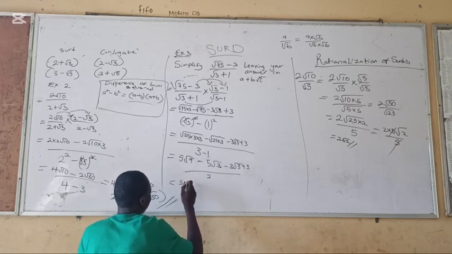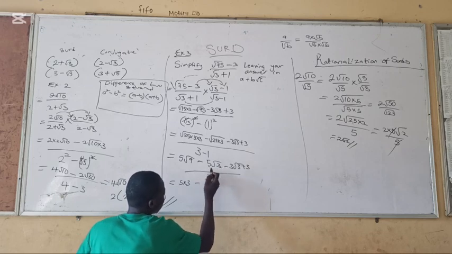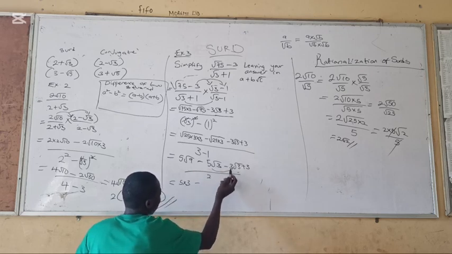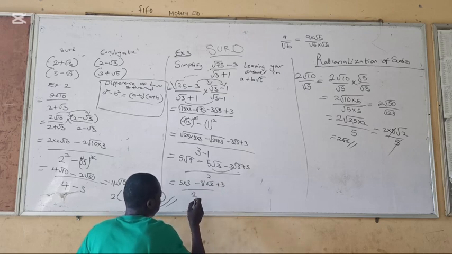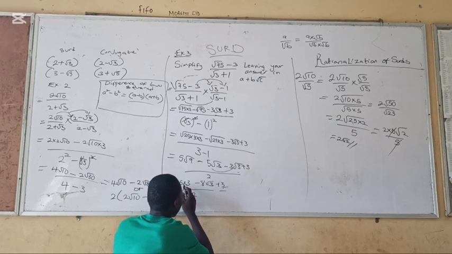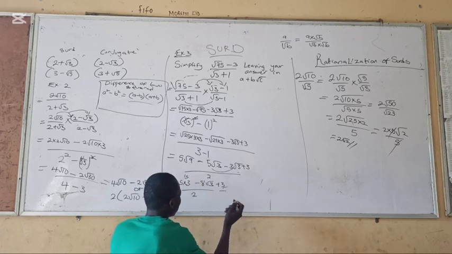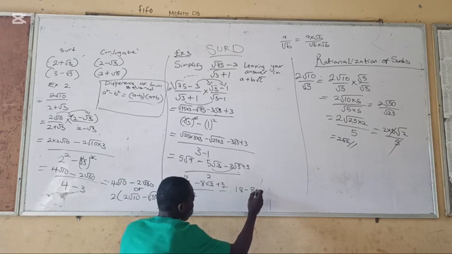So we have 5 times 3, minus, these are similar terms, they both have root 3, so we can add them up by saying minus 5 minus 3 is going to give us minus 8 root 3 plus 3, all divided by 2. So we can say that this is going to give us 15, right? 15 plus 3 is 18. 18 minus 8 root 3, all divided by 2.